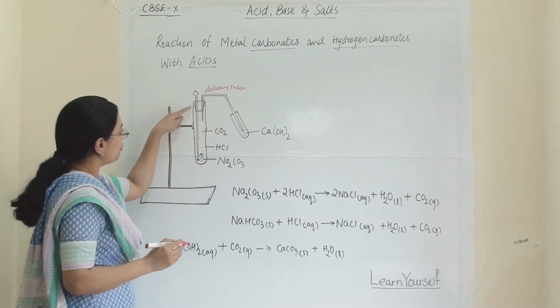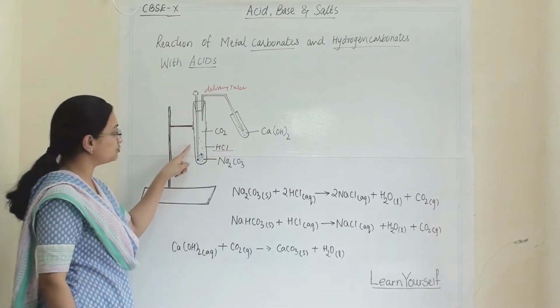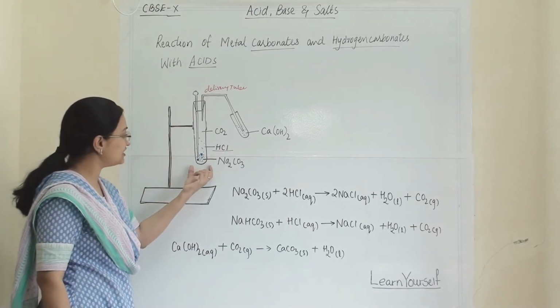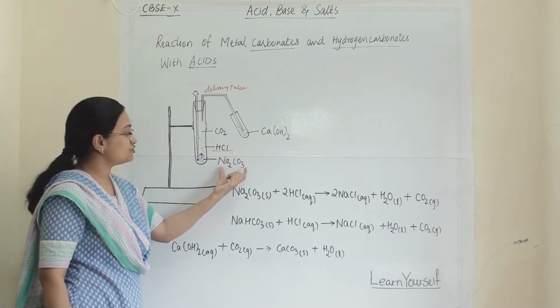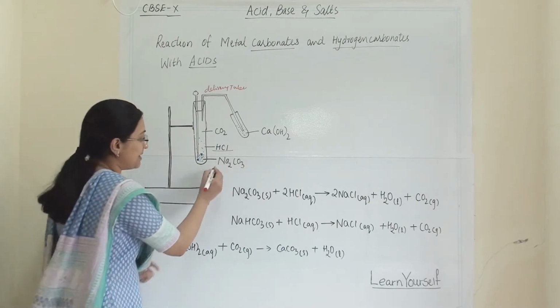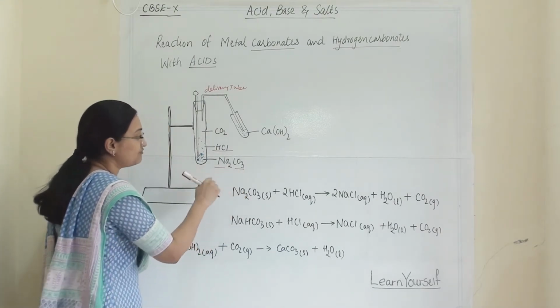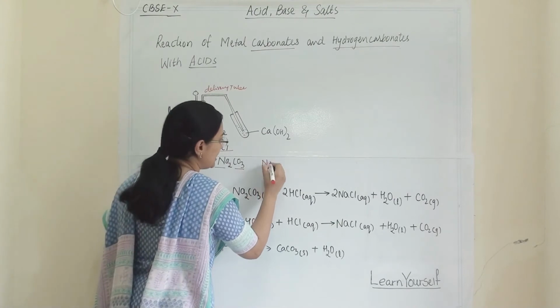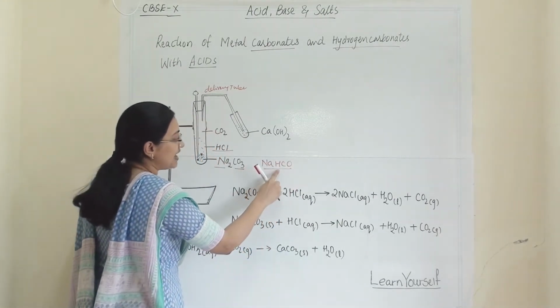From that, dropwise addition of hydrochloric acid will be done into this test tube. In the test tube, I have taken sodium carbonate, Na2CO3. This is metal and this is carbonate, so this is a metal carbonate. If it is NaHCO3, then we say metal hydrogen carbonate.